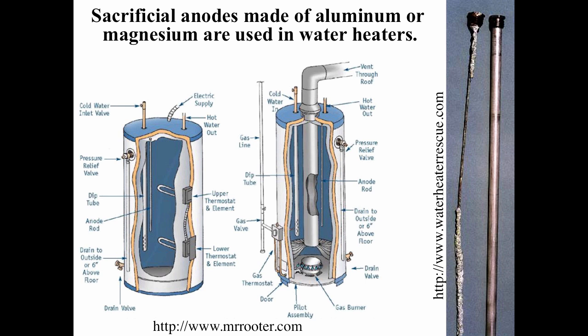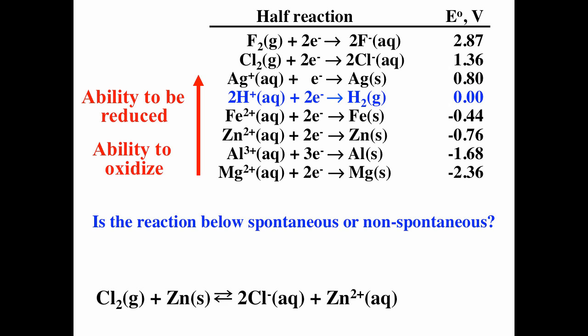But the reduction potentials are helpful because you can tell if a reaction can be spontaneous or non-spontaneous. When you ask if it's spontaneous or non-spontaneous, what you have to do is find the oxidation half reaction and the reduction half reaction, and add them to find the potential for the net reaction. Now we see Cl2 is being reduced, so we can use the reduction potential for Cl2.